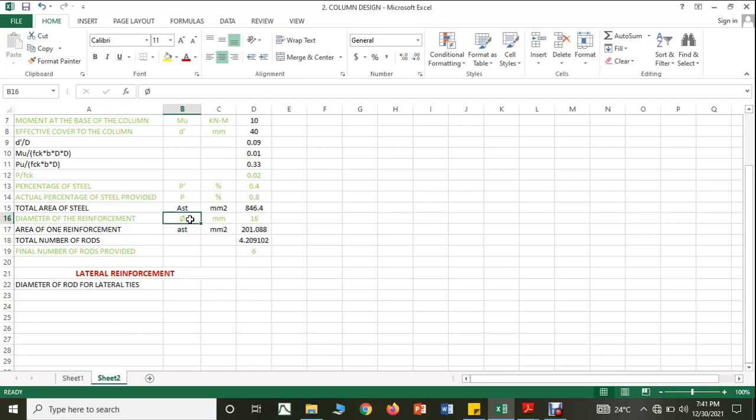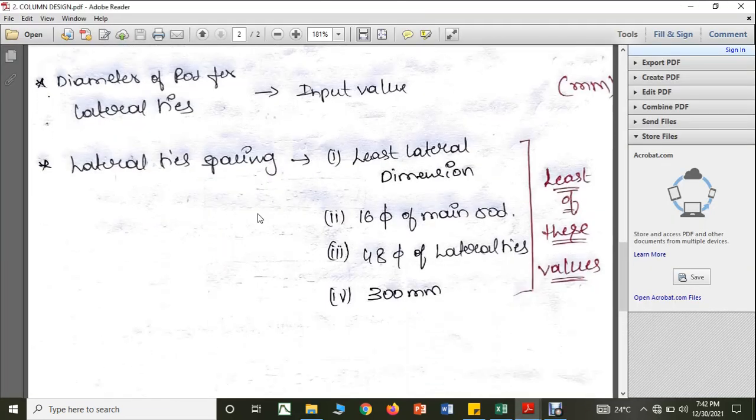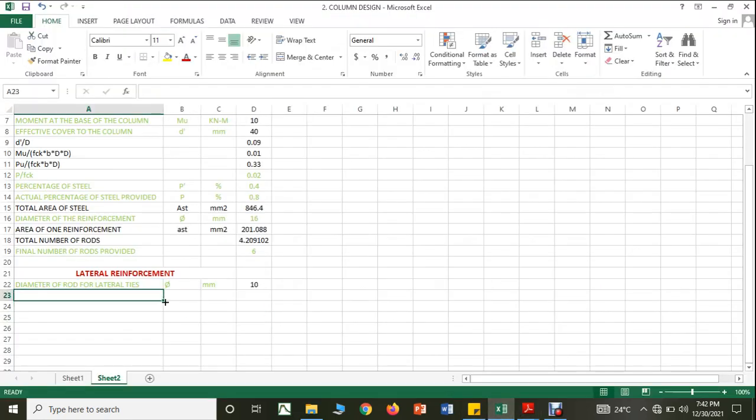That will be in mm, and this is an input value, so we will give it in the green color. Let us say I am using 10 mm lateral ties. Once you decide that, you are supposed to find out the spacing of lateral ties, which depends on these 4 values.